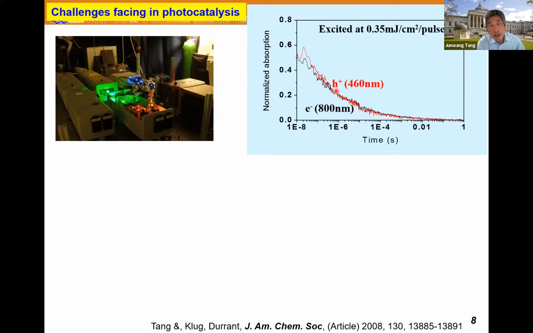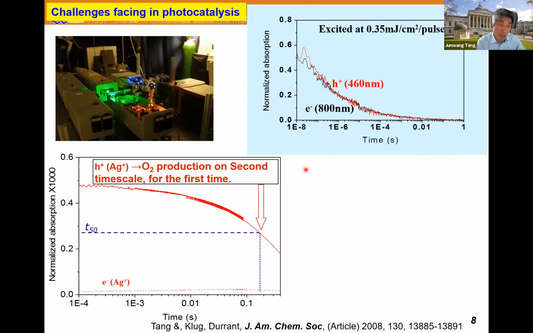If we go further and analyze this curve, what we can find at this time scale, which is the microsecond time scale, is that nearly 50% of the charge carriers have already disappeared. Now, if you want to use these charge carriers to drive a chemical process, and this chemical process is a bit slower than this time scale, we cannot get a high efficiency. Now, we observed water splitting because that is the half reaction for CO2 reduction, oxidizing water. Now, the next red curve is exactly the reaction between the positive charge hole and water.